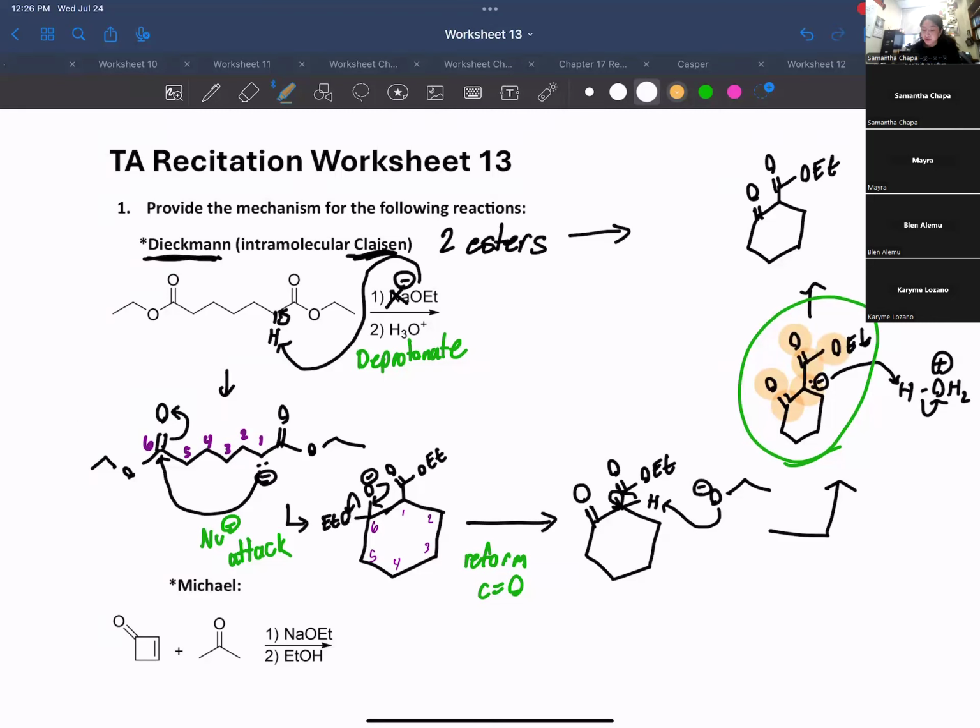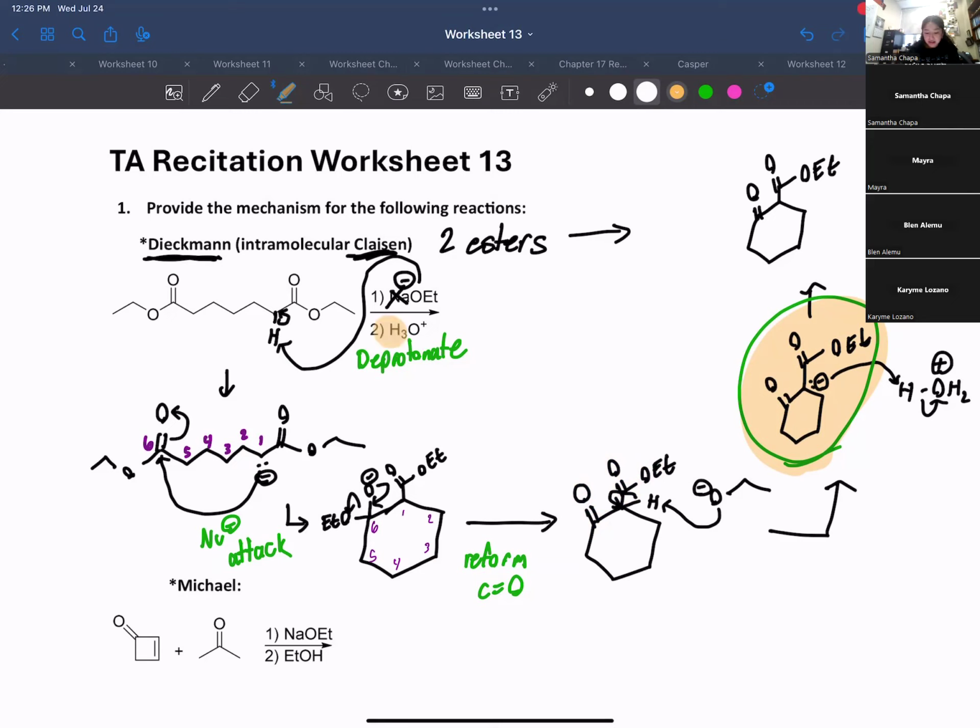So a lot of conjugation, whereas if we didn't have that and we just left it like this, there'd be less conjugation. So since this right here, although it doesn't look stable because it has a charge, it's actually more stable than the neutral compound. And so this would be kind of our primary product.